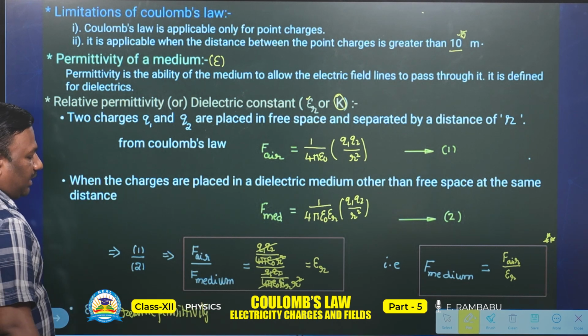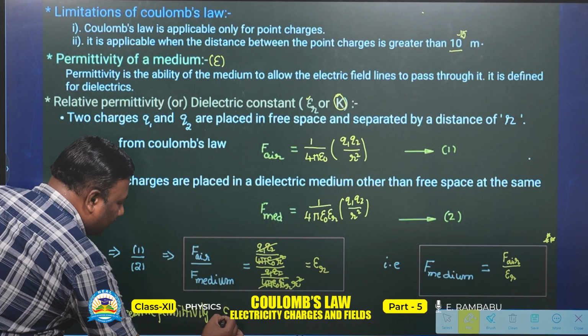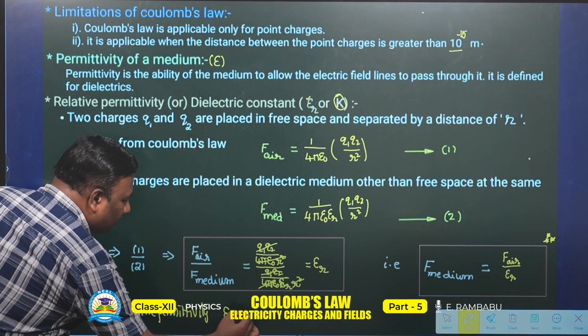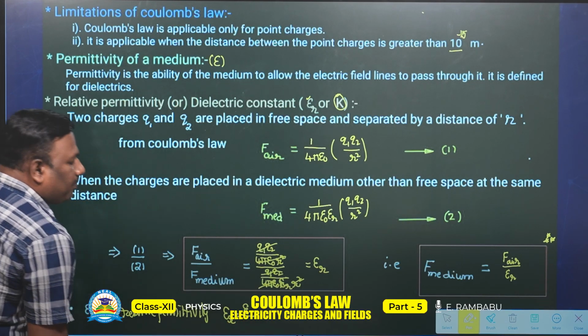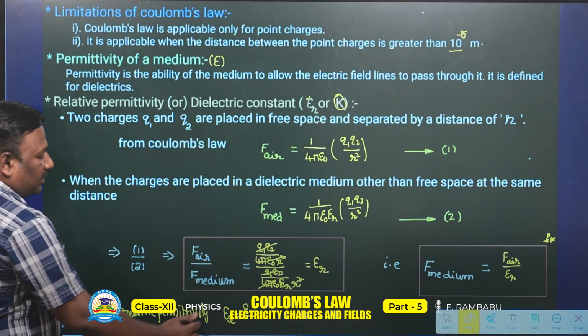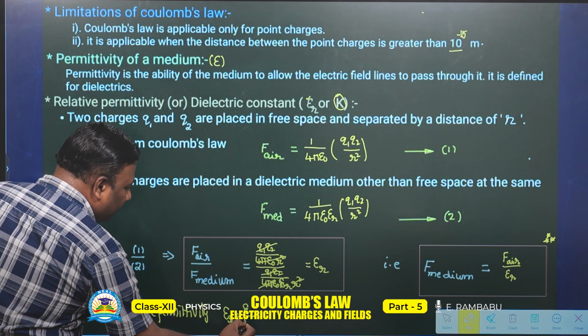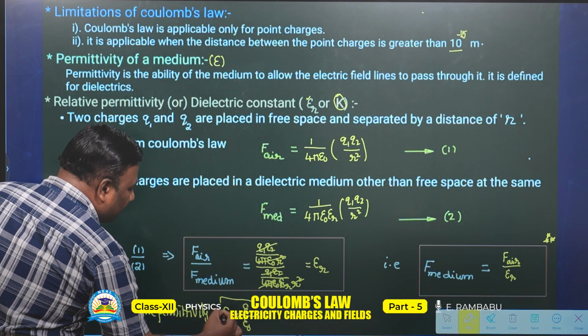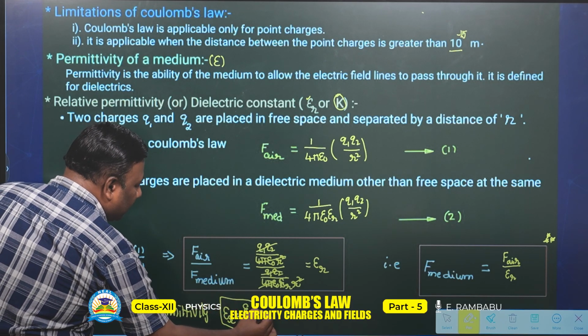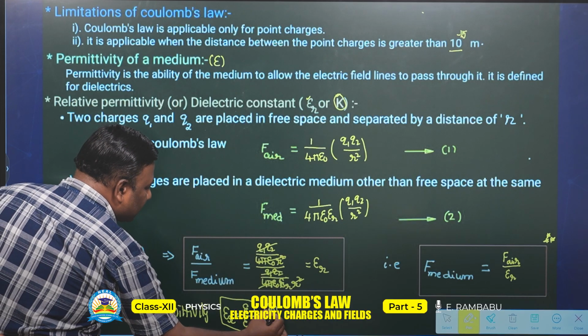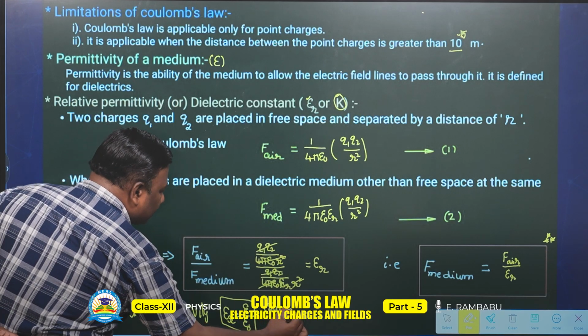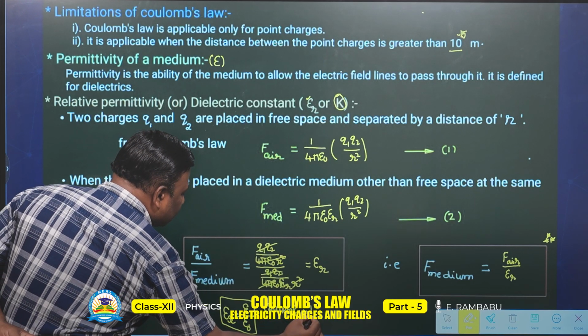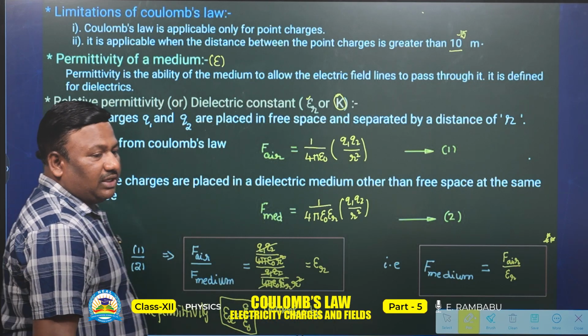Relative permittivity. Here we take the formula for epsilon r, which is the permittivity of the medium, that is, the absolute permittivity of the medium divided by the permittivity of free space. It is a dimensionless quantity and has no units.